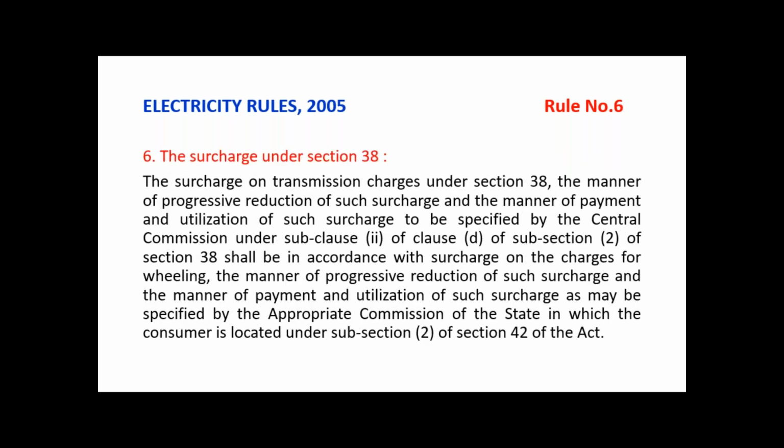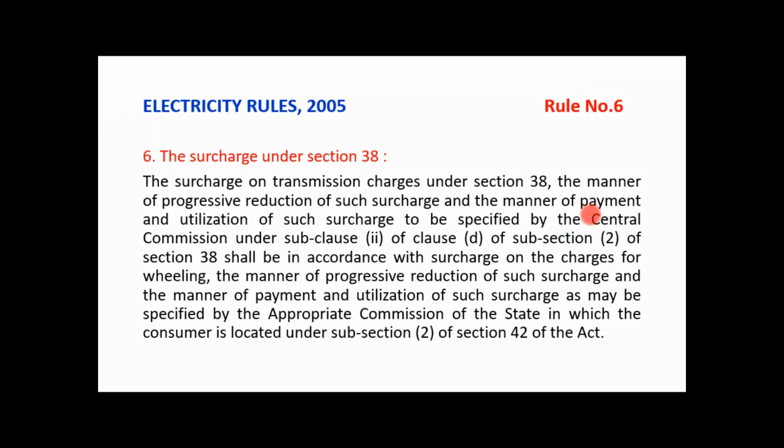Then rule number 6 is related to the surcharge under section 38. So the surcharge on transmission charges under section 38, the manner of progressive reduction of such surcharge and the manner of payment and utilization of such surcharge is to be specified by the Central Commission only.